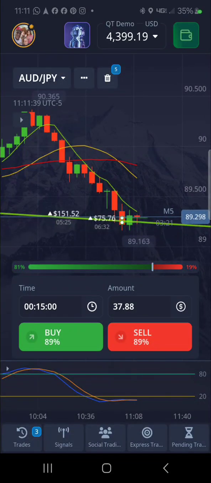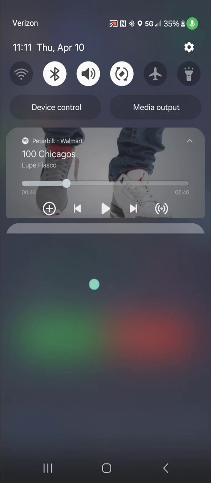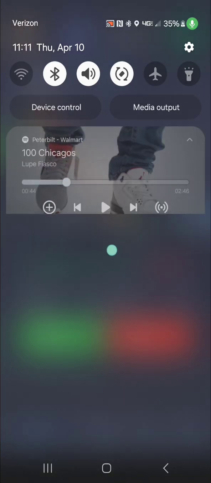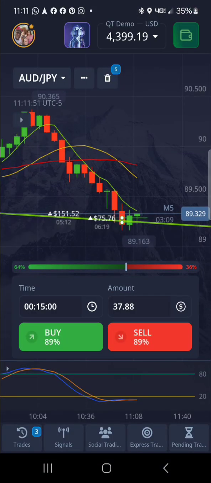Quick update. I have put some more trades in. It's now 11:11. I have about 15 more minutes of trading for the day. It's the same 10th of April. Yeah, I feel really good about this one.